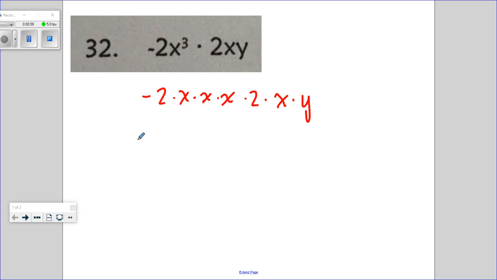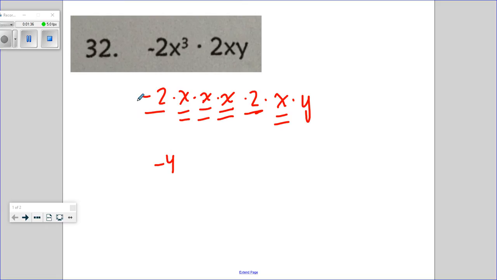Okay. So the thing about multiplication is it's commutative, which means you can do it in any order. Like 5 times 7 is always going to equal the same as 7 times 5. So in this case, I'm going to group the two integers, negative 2 times positive 2, which is negative 4. Now I'm going to double underline x times x times x times that x.